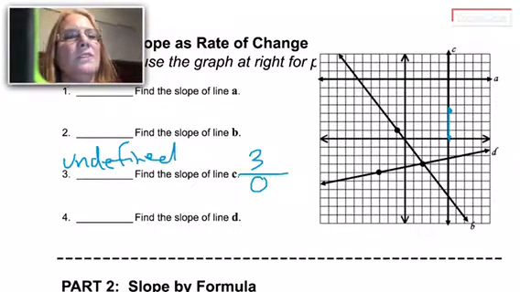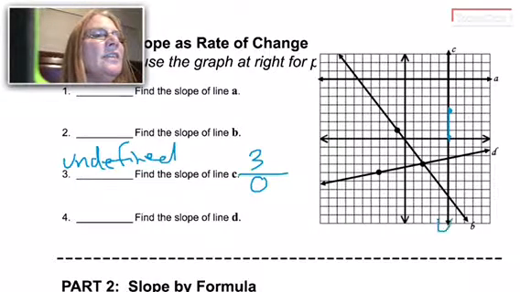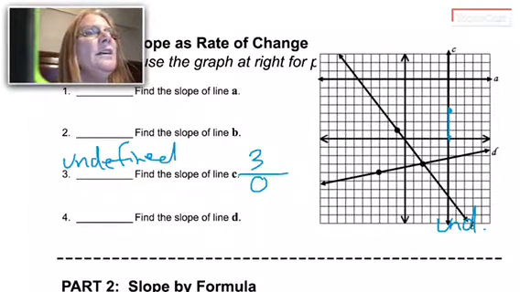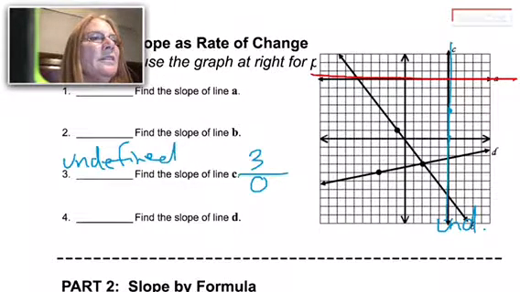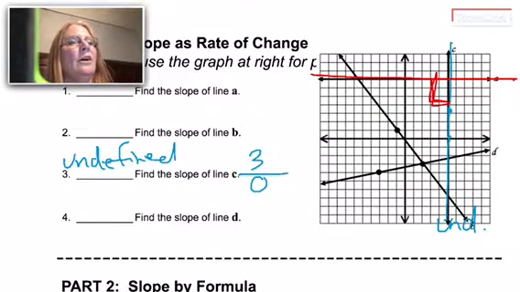So the slope of this line is undefined. Any vertical line will have an undefined slope. And when a horizontal line and a vertical line meet, they meet at a right angle, so a horizontal and a vertical line are perpendicular.